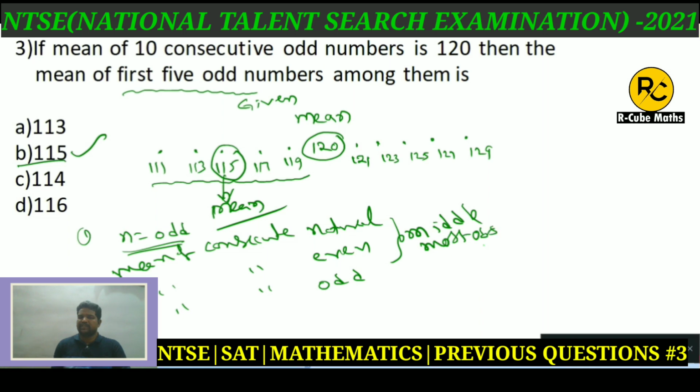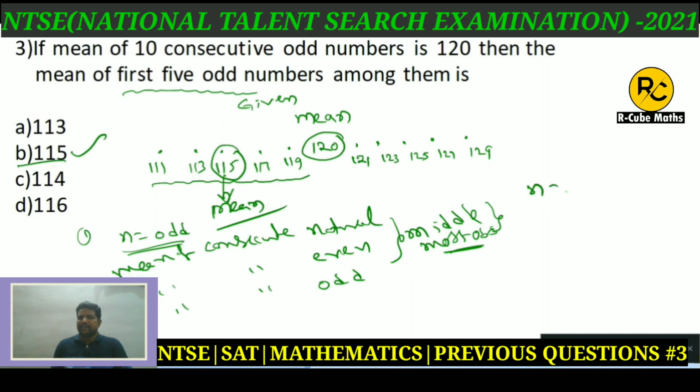Remember, this is a very important point. So according to this, the mean of these first 5 observations we can say directly. So 115 is the mean.